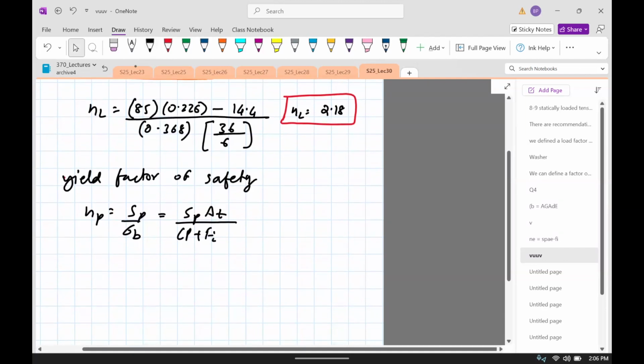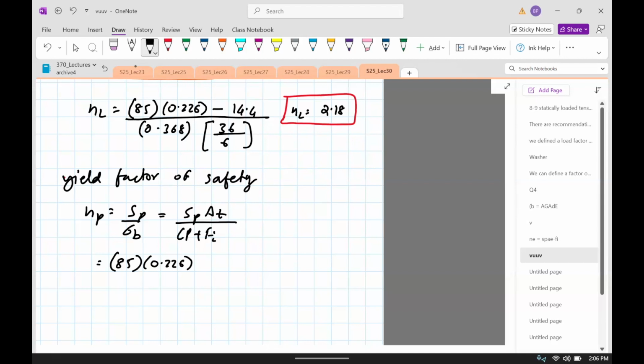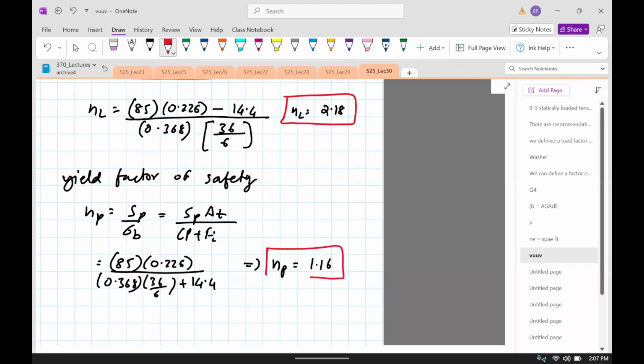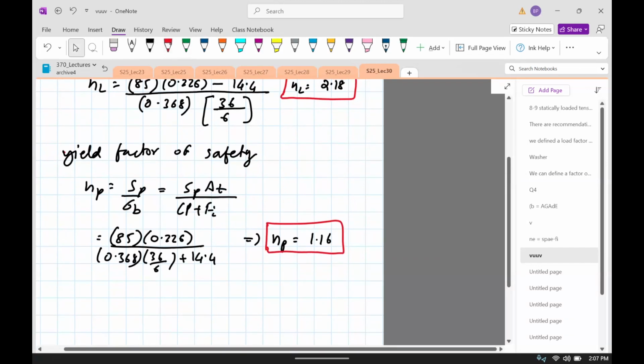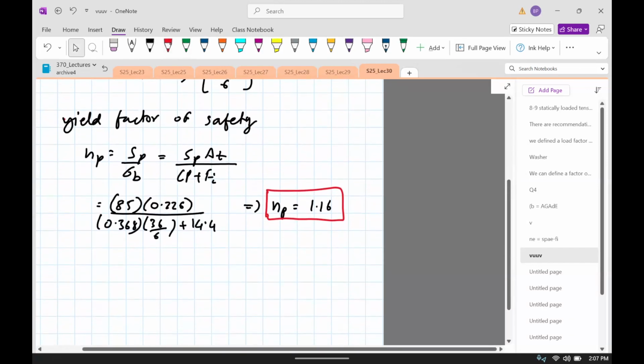Everything here is known, so we just substitute 85, 0.226, 0.368 for C. P is now 36 divided by 6, and Fi is 14.4. So substituting the values, we get NP equals 1.16. It's important to note that the factor of safety is very close to 1, as we had said earlier.